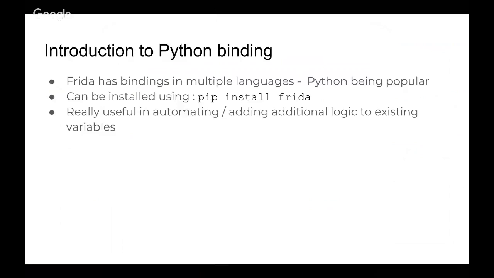We can do that in JavaScript alone, but it will add more burden to the Android device. It is more efficient if we can take the required variable out, do some operations on it and then return it back. That is where Python comes into the picture. Frida has bindings not only in Python, but also in Node.js, Swift, and C. If you're targeting Python bindings, you can install them using pip install frida. This is really useful in automation or adding additional logic to existing variables or functions.